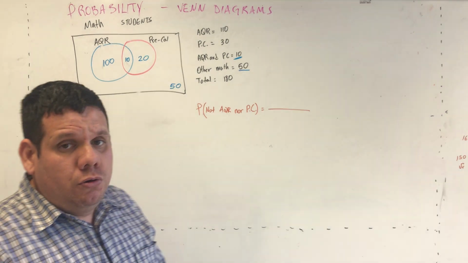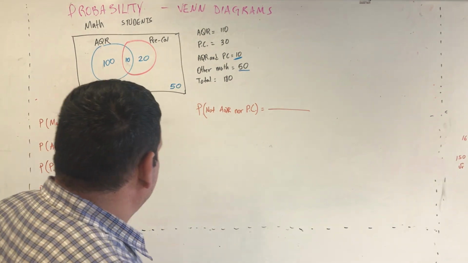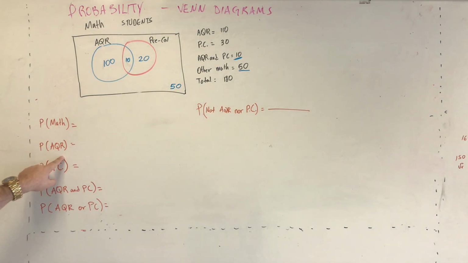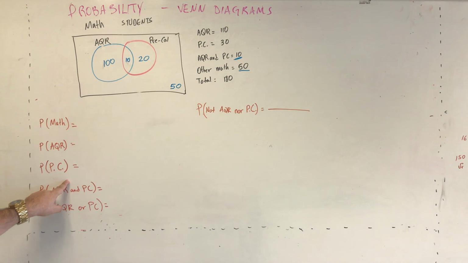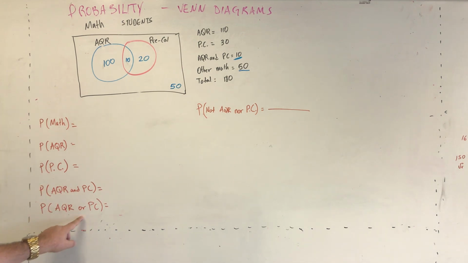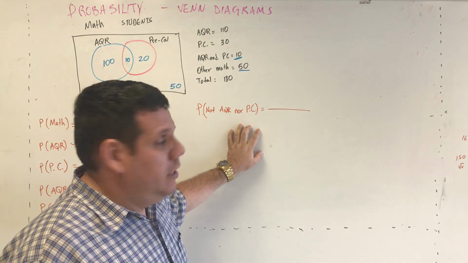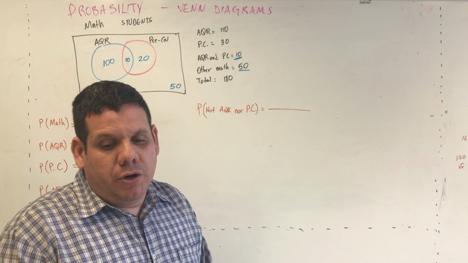What I need to do at this moment is get some probabilities. Probabilities are being enrolled in a math course, probabilities of taking just AQR, pre-calculus, one and the other, one or the other, and none of them, okay? Not AQR nor pre-calculus.